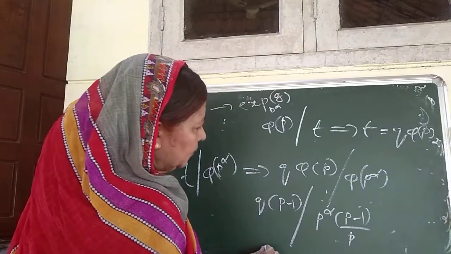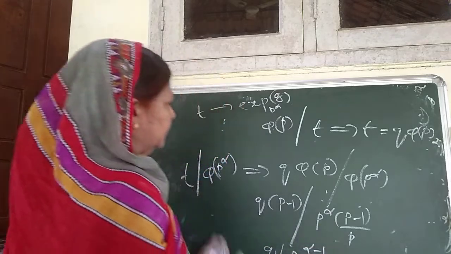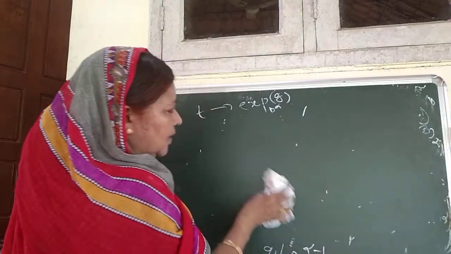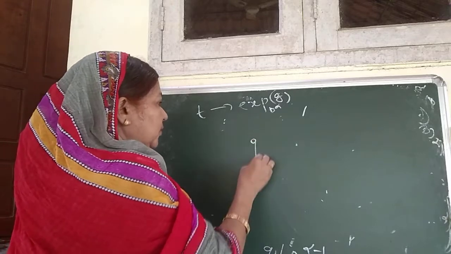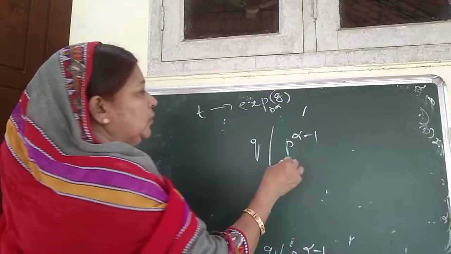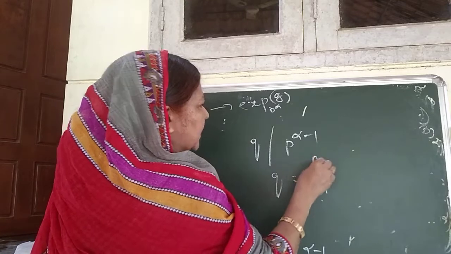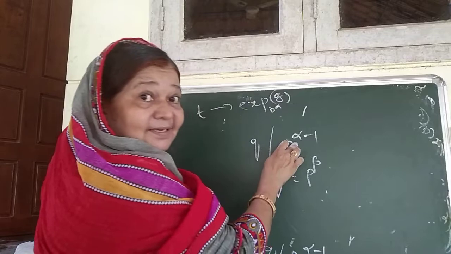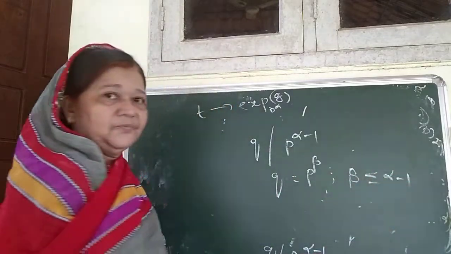That is, q divides p raised to alpha minus 1. So we arrive at the position that q divides p raised to alpha minus 1. But q is a power of p, therefore q equals, say, p raised to beta, with beta less than or equal to alpha minus 1.